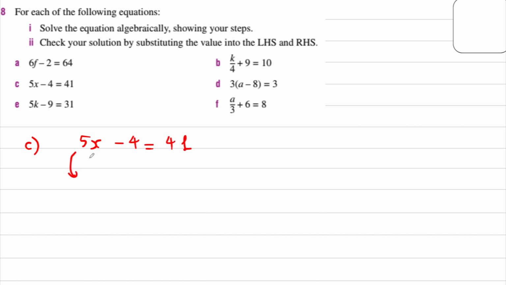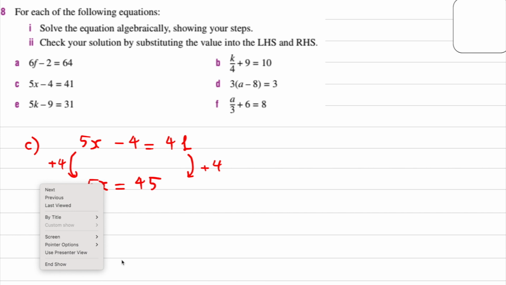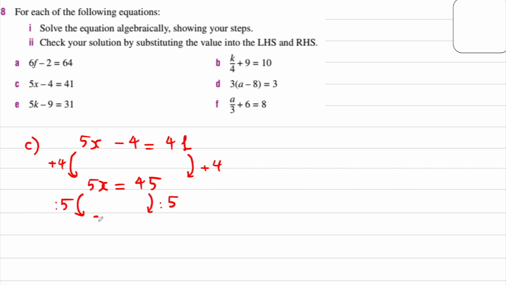The first thing I will apply is plus 4 for the left and plus 4 for the right. 5h will be here, 45 here. Divide by 5, 45 divided by 5, and here is h and this one is 9. Okay, h equal to 9 will be my answer.